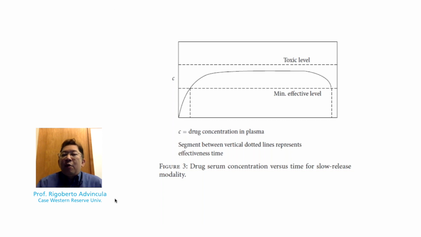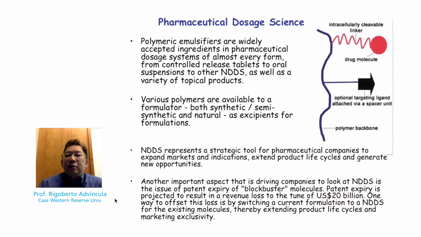It's because the most effective concentration of a drug, of course, is between a toxic level and a minimum effective level. So when you're trying or being administered a drug, you need to maintain a window by which this drug is released. That is why we talk about dosage and pharmacokinetics.